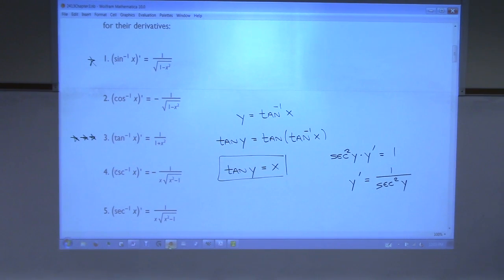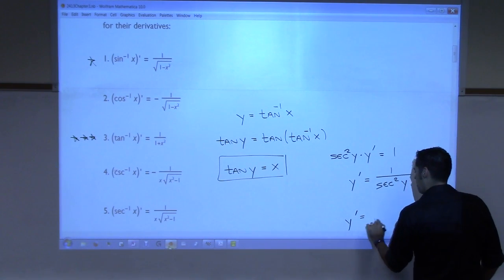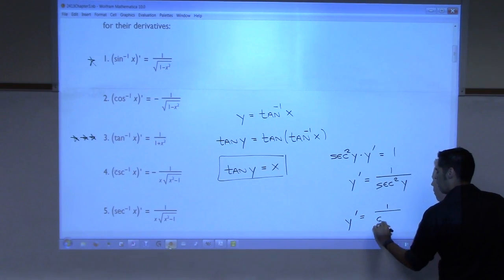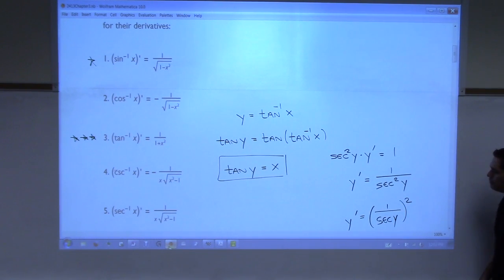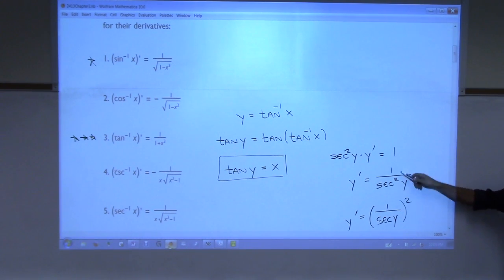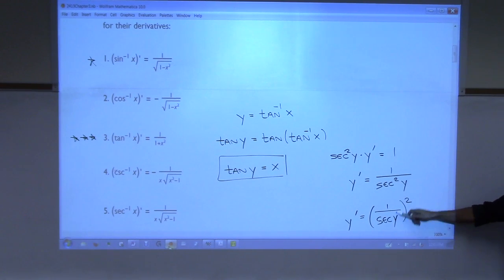And then I've got to go to the triangle, but let me see here. Is this the same as, try it out. If you square 1, what do you get? 1. If you square a secant, you get secant squared, right?